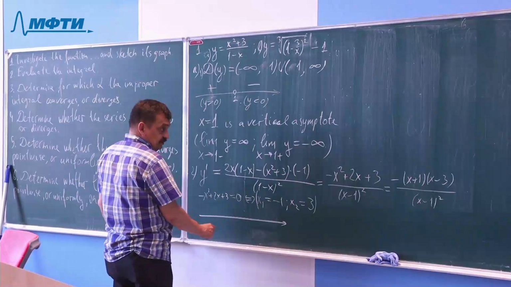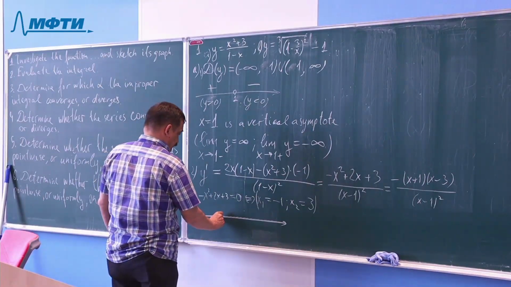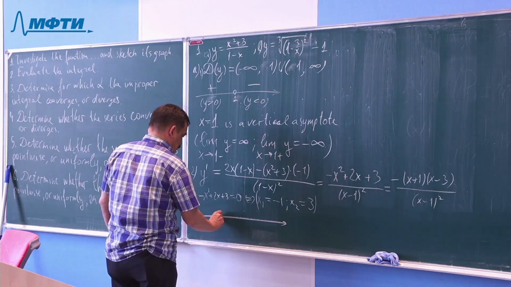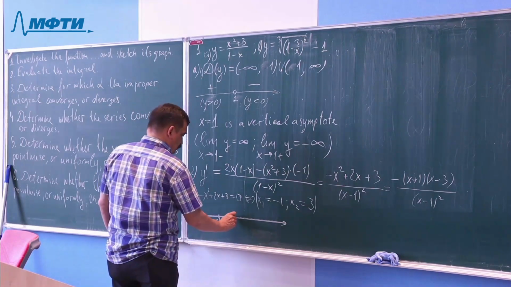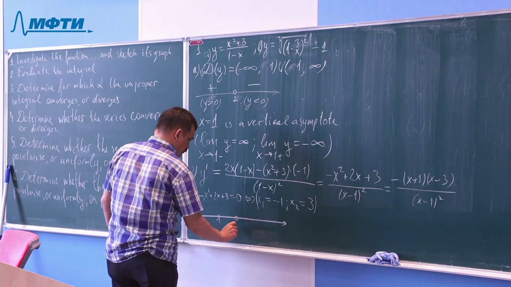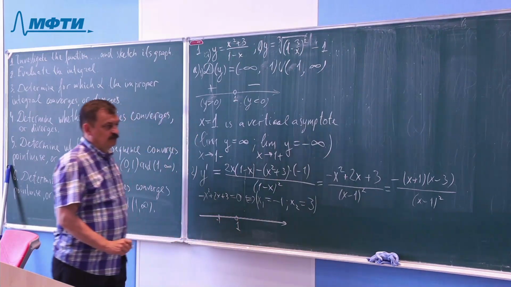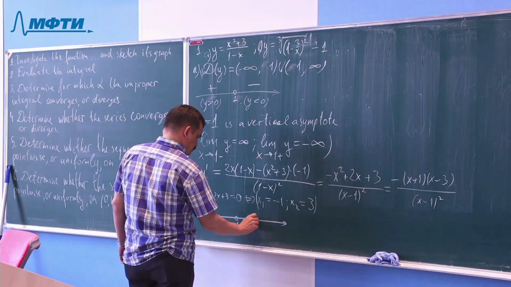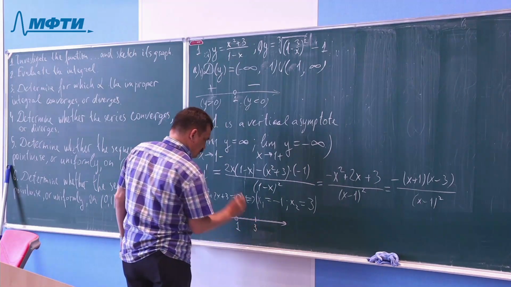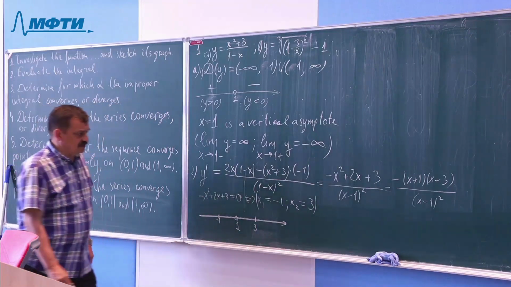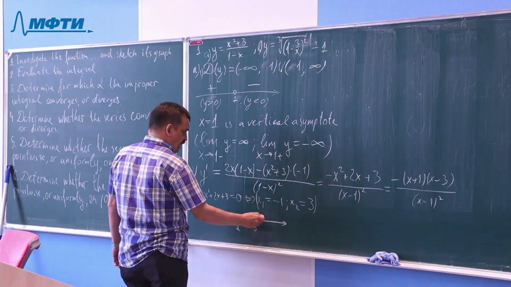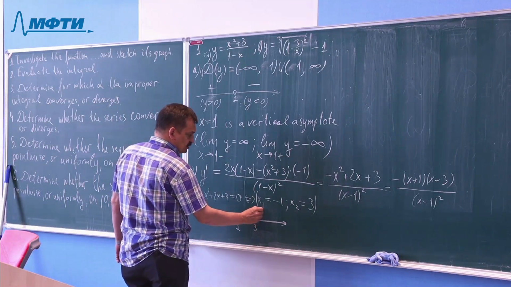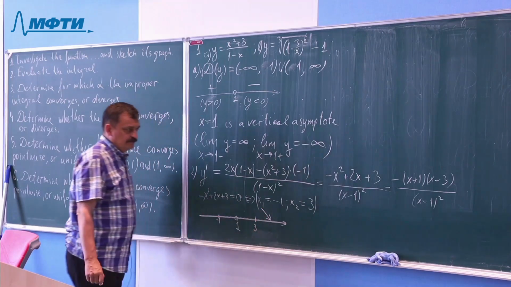So let me indicate points: minus 1, then 1, which should be excluded, and 3. What are the signs? We start with minus. Minus means decreasing.